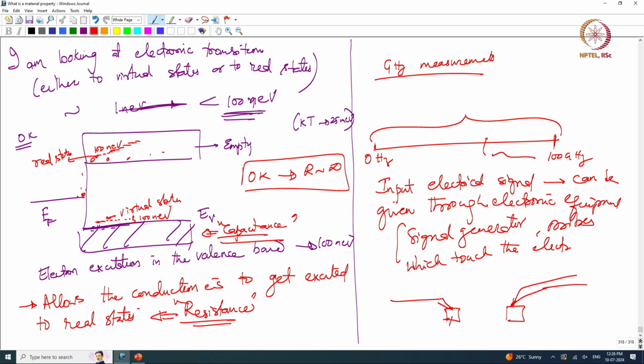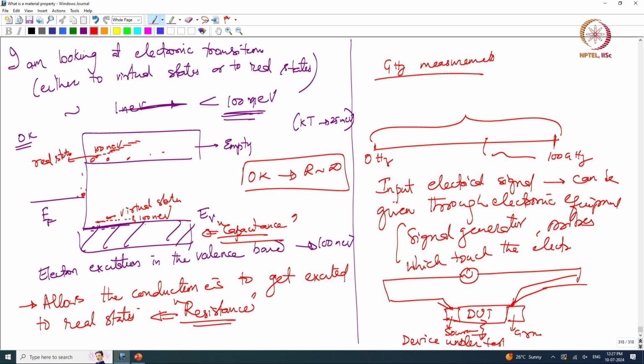So this is a source, this is ground, and then I can apply a signal generator between these two. What is in between is my device under test, and I can measure the capacitance and resistance of this device under test.